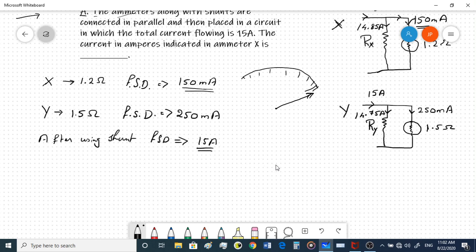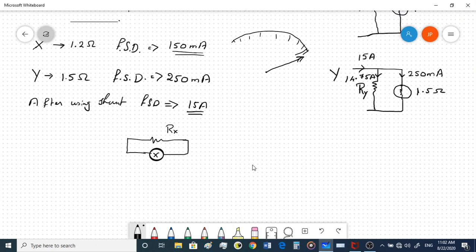So let's call this Rx, and the meter X, and you have the next meter which is Ry, and it also has a meter which is Y.